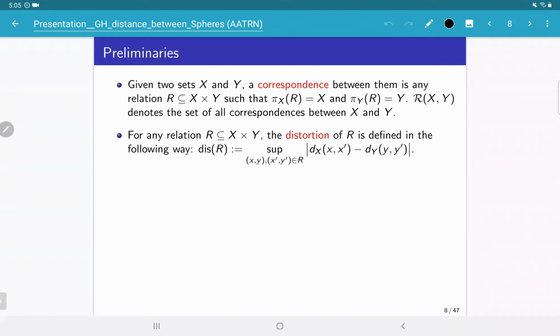Moreover, for any relation R, when x and y are metric spaces, one can define the distortion of R in this way. Of course, d sub x is a metric for x, and d sub y is a metric for y.